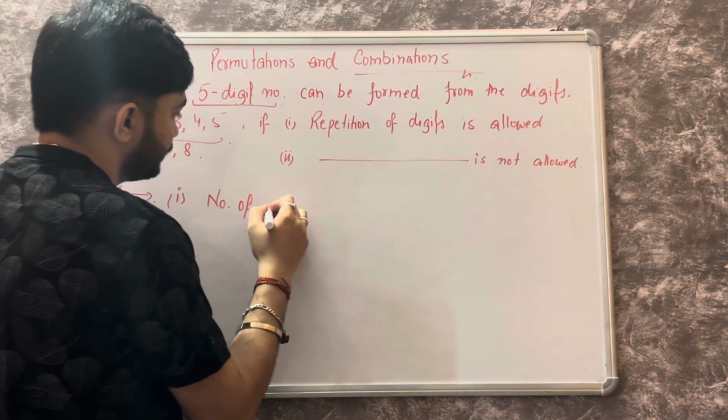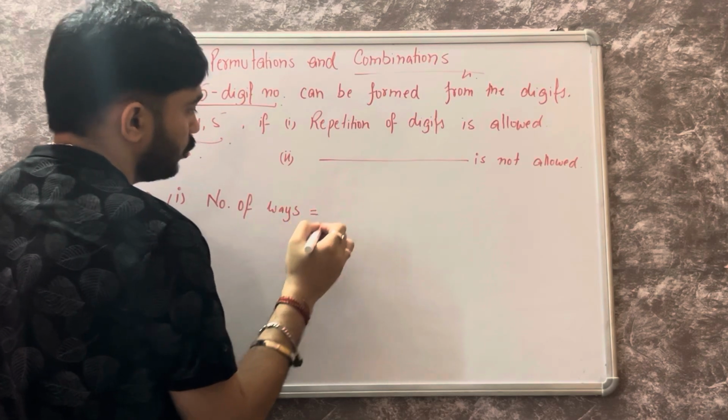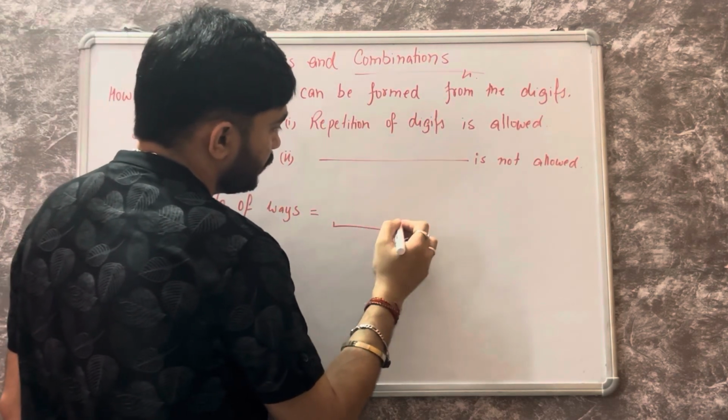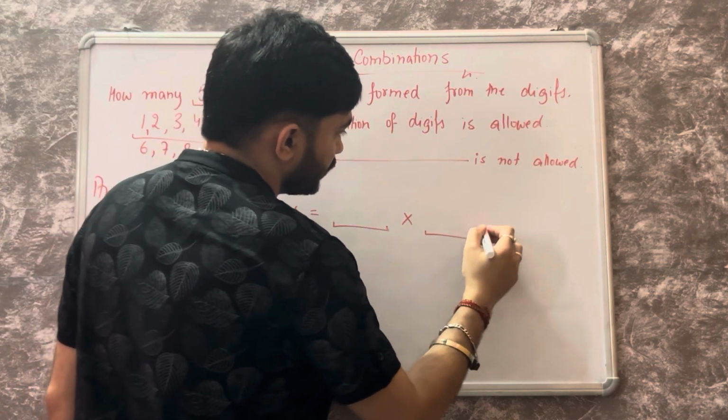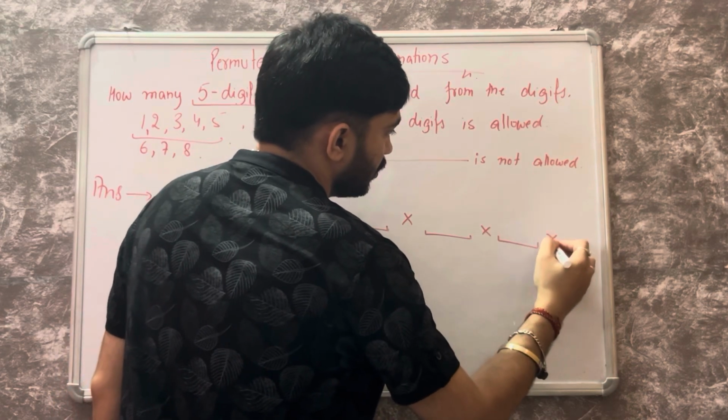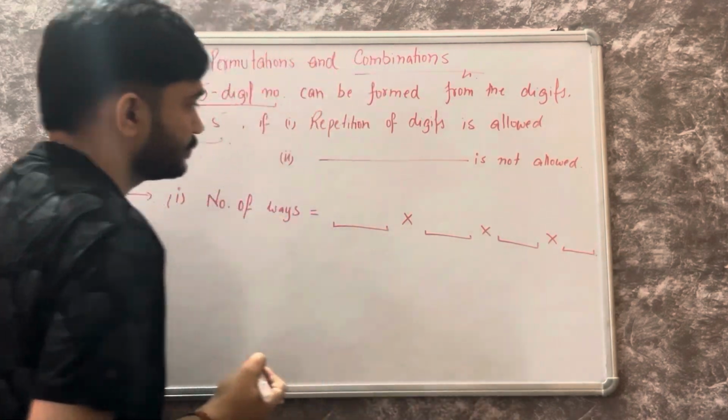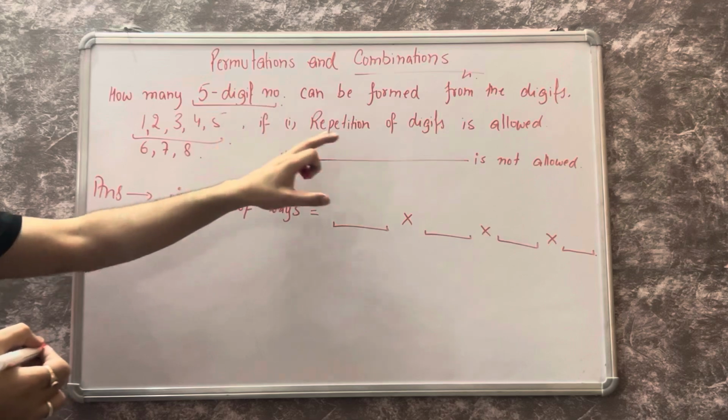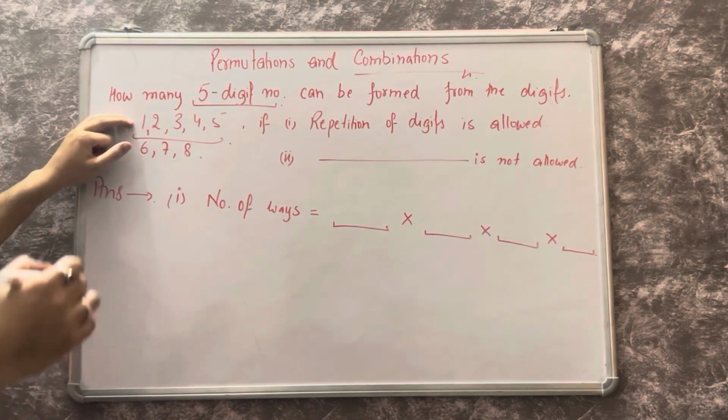The number of ways are going to be, how many digits are we going to have? That is 4. So place 4 spots. Since repetition of the number is allowed, you can repeat any number.